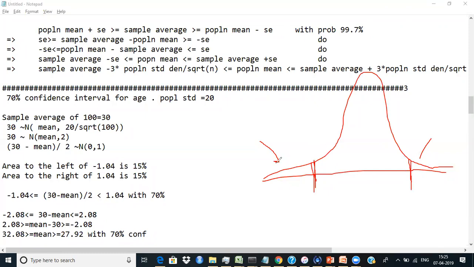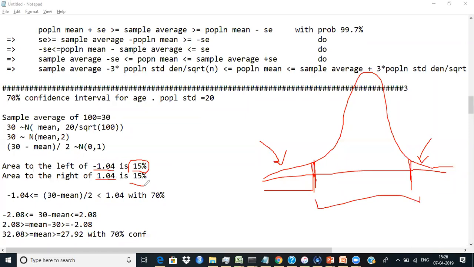So to the left-hand side there will be 15% probability, and to the right-hand side there will be 15% probability, because the normal distribution is symmetric. Now I am looking for a point such that to the left-hand side of that point there is 0.15 probability. Makes sense? From the Z table, I found out that to the left of minus 1.04, there is 15%. Since it is symmetric, I can say to the right of plus 1.04, there will be 15% probability.